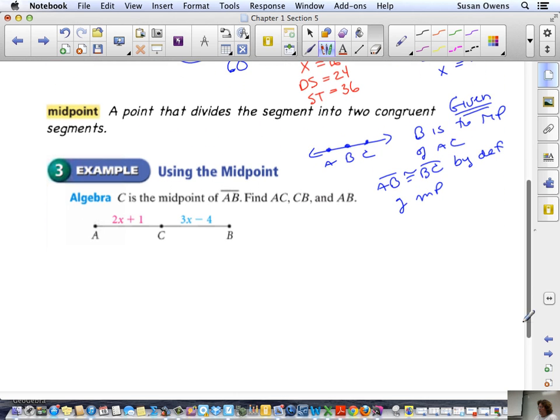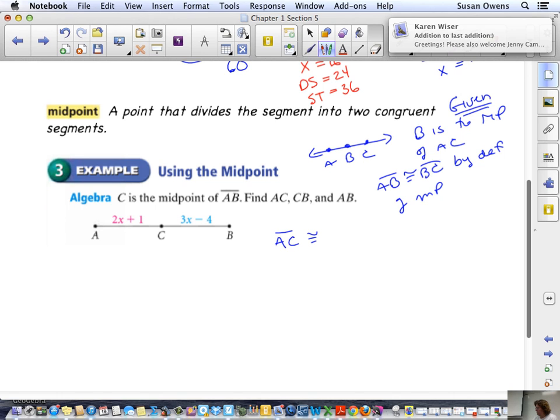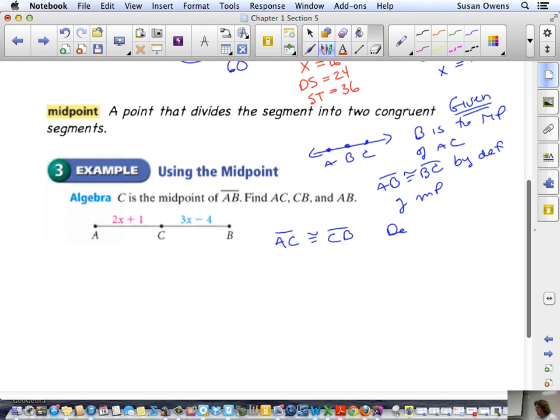So another algebra problem, pretty quick. So C is the midpoint, find AC, CB, and AB. So in this case, double check, we're not adding anything, we're given that it's a midpoint. So if it's an algebra problem, you don't have to write this out, but AC is congruent to CB, definition of midpoint.